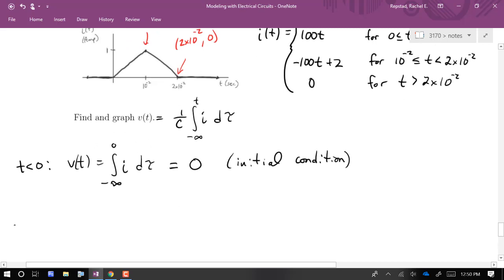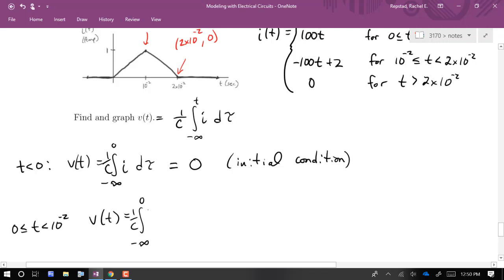On the next interval, we're going to integrate from minus infinity to 0. Oh, I forgot the 1 over c. It didn't matter before, but I want to make sure I include it here.